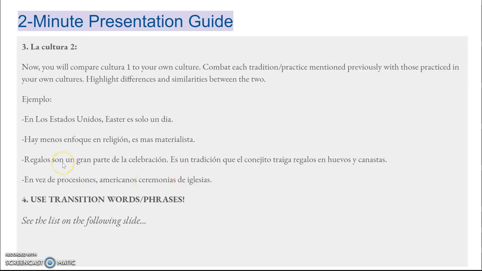I also talked about, one of the points that I put was that hay menos enfoque en religión, es más materialista, because I previously talked about how much focus there is on religion in Santa Semana, y regalos son una gran parte de la celebración.